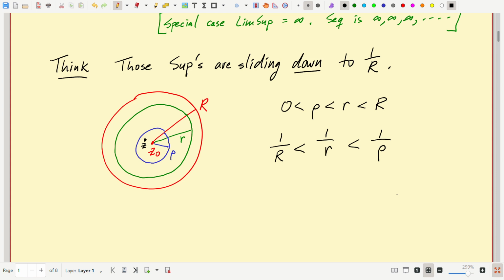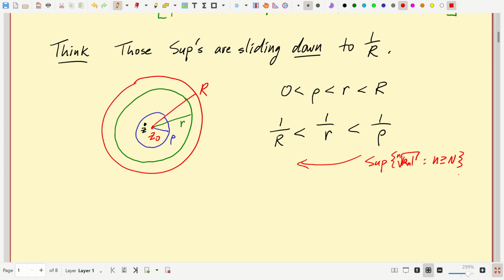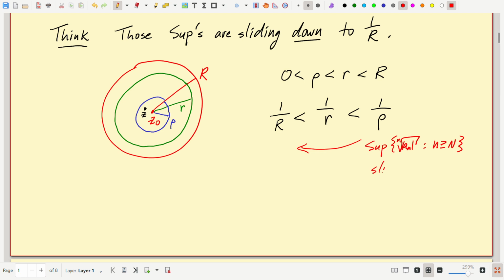Okay, and we're thinking about the sups sliding down. So they're sliding down to 1 over R. The sup of the nth root of modulus a_n, as n is bigger than or equal to N, is sliding down to 1 over R. So eventually it's less than 1 over little r.